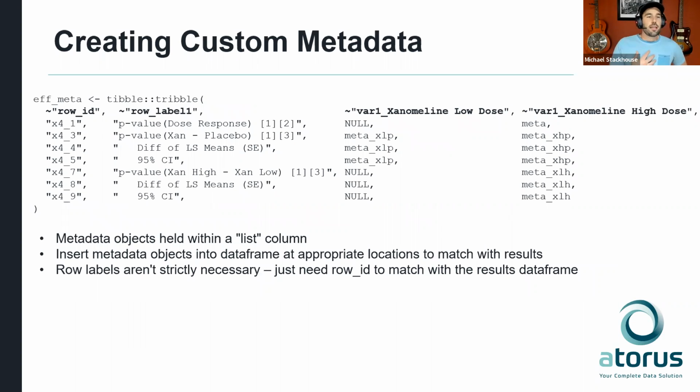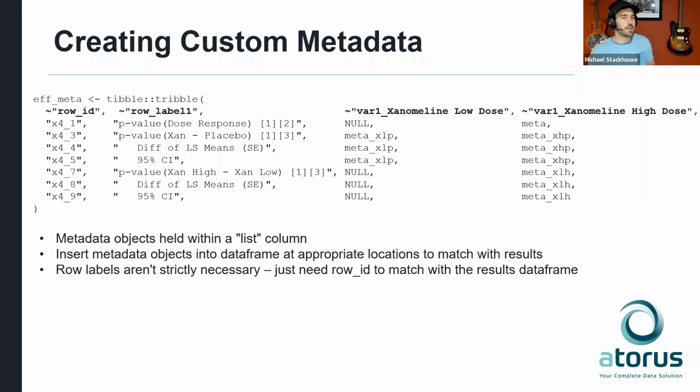So how does that then get into a metadata data frame? When you create custom metadata, you can build up your tibble or your data frame that's actually going to present that result itself. So this is what that ends up looking like when you put it into the data.